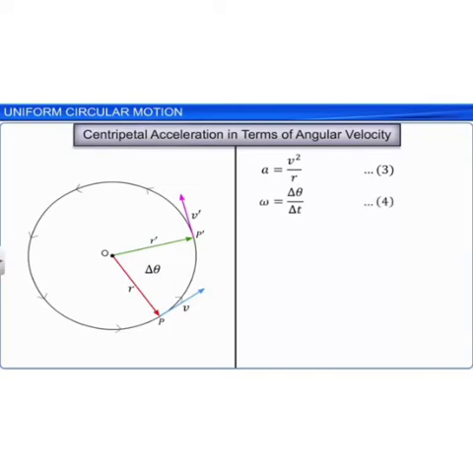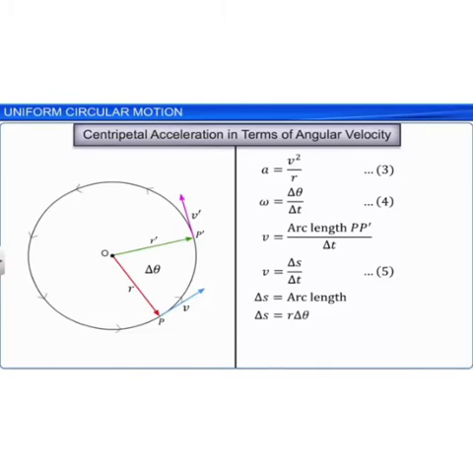Delta S is the arc length, which is R delta theta. Let this be equation 6. Substituting 6 in 5, we get V is equal to R delta theta by delta T. Let this be equation 7.